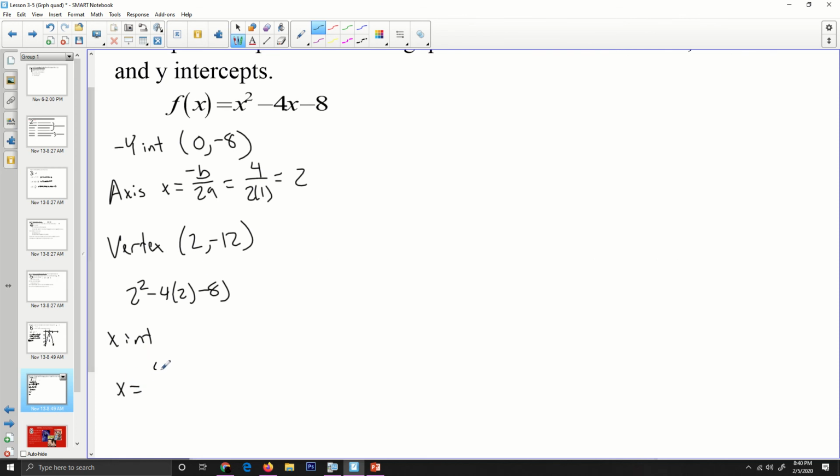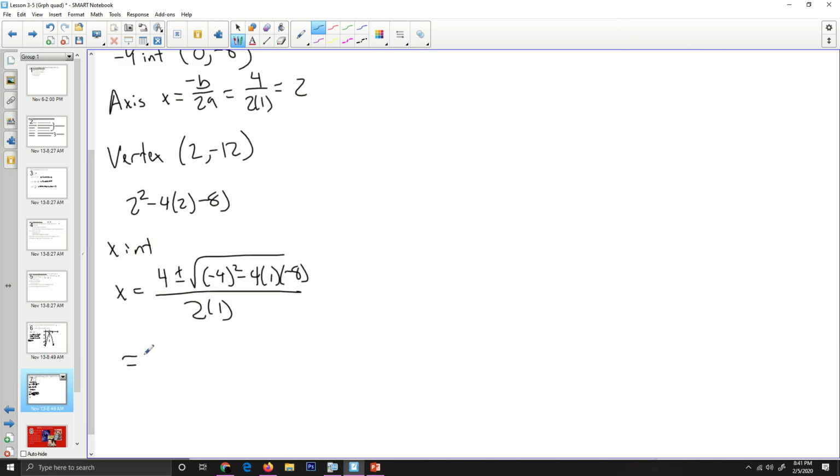So x equals -b plus or minus the square root of b squared minus 4ac, all over 2a. So x equals -b, so 4, plus or minus the square root of -4 quantity squared, minus 4 times a, which is 1, times -8, all over 2 times 1.